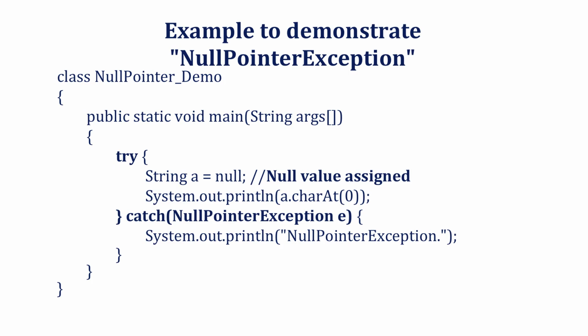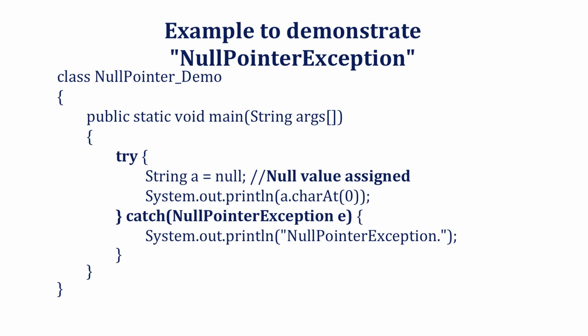After completion of the try block, there is a catch block which may handle the null pointer exception. Its instance e is there. As I said earlier, you may change the e, it is an instance of the null pointer exception class.